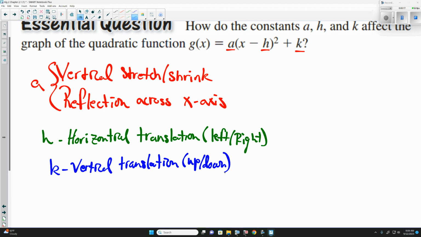Now, last chapter, we talked about determining the transformations. If you notice, after we talked about the transformations, being able to just look at them and tell if they moved left, right, up, down, stretch, shrink, the number of functions we actually looked at decreased by 1, because when we applied the transformations, we only talked about absolute values and linear. We didn't talk about quadratics, because they decided to save those for chapter 2.